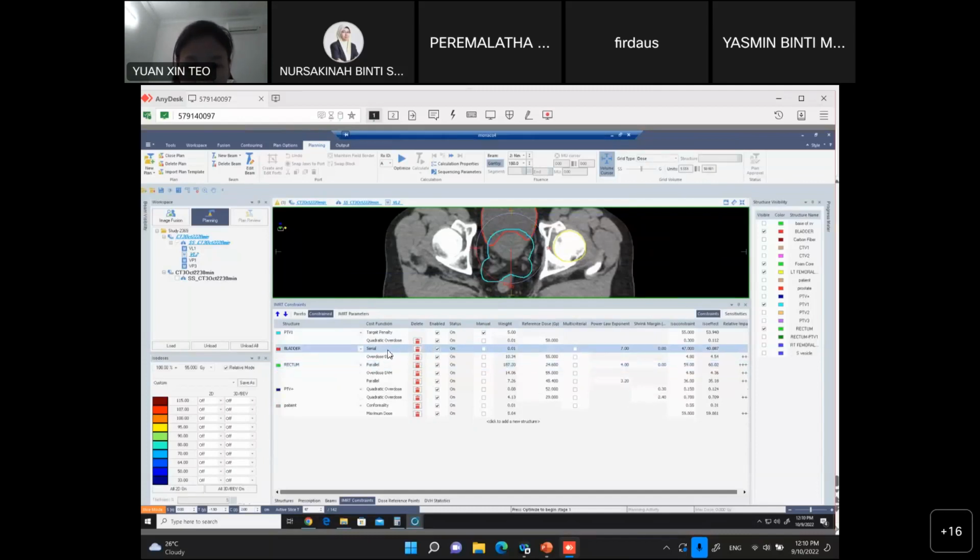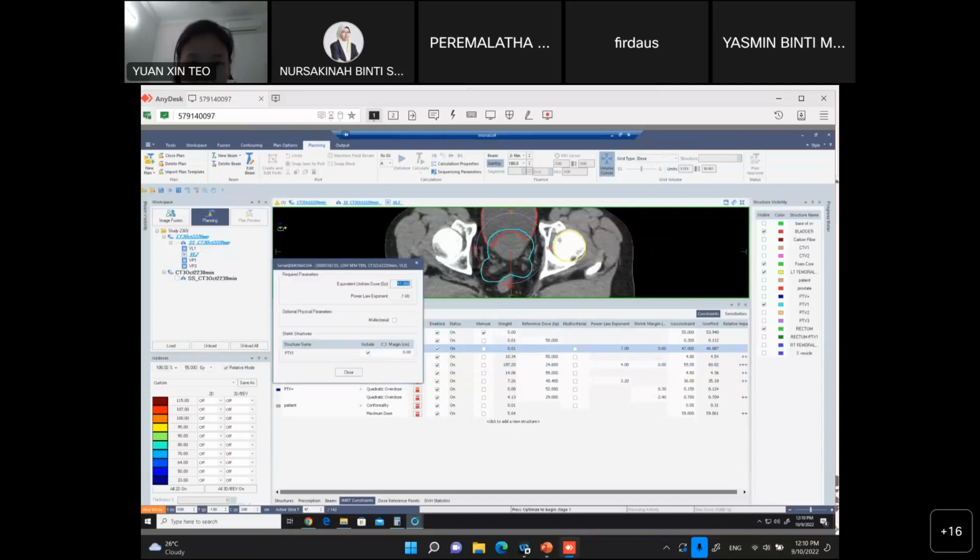For this bladder, she put in a serial cost function with the dose 47 gray with power law exponent 7. So this means not very hard or very soft in pushing the organ at risk DVH. Okay, this very much depends on your experience of how to play around with this value.